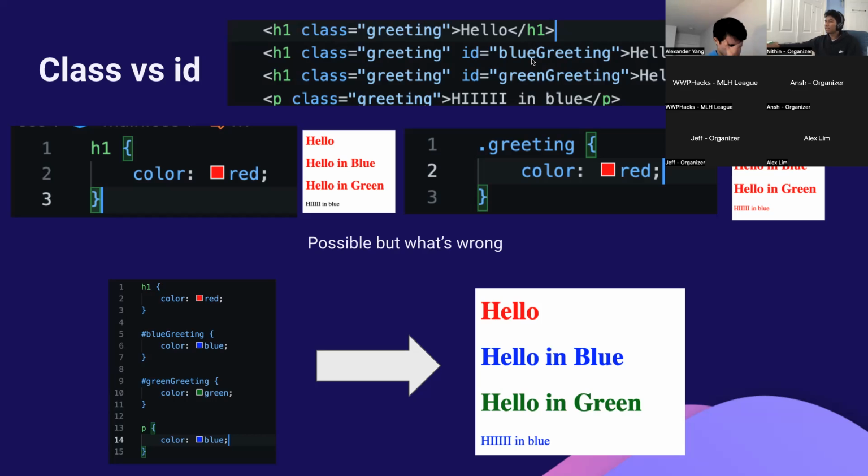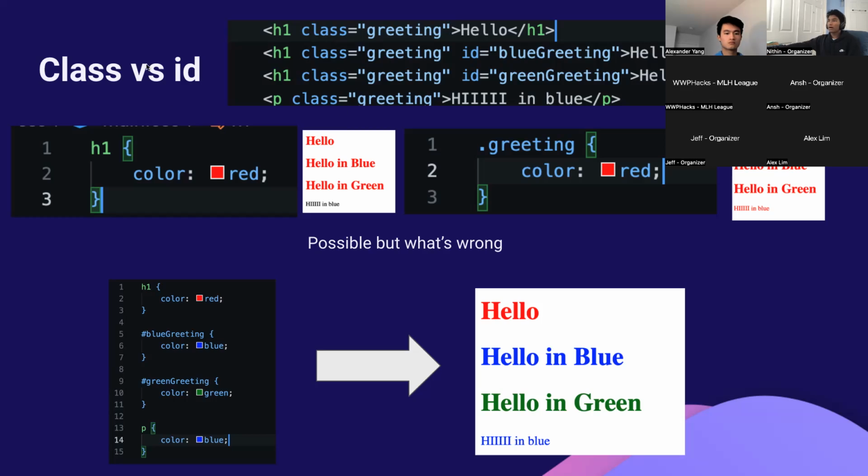Because I want to maintain that IDs are unique to their own tag, I cannot add a blue greeting ID to line 3 while having a blue greeting ID on line 2. So essentially, classes are repeatable, but IDs are specific to the tag.